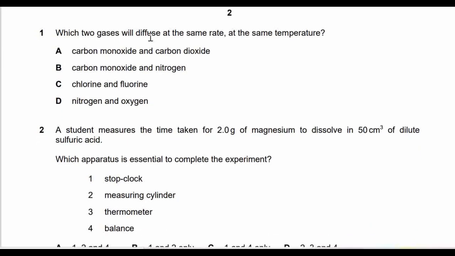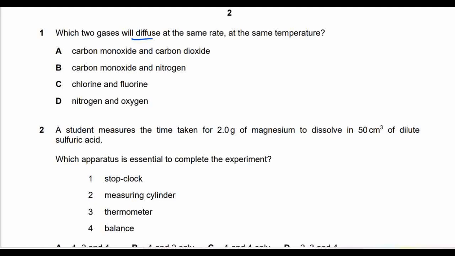Which two gases will diffuse at the same rate at the same temperature? A: carbon monoxide and carbon dioxide, B: carbon monoxide and nitrogen, C: chlorine and fluorine, D: nitrogen and oxygen. Diffusion depends on the relative mass, so we want to check the relative mass of each of these.